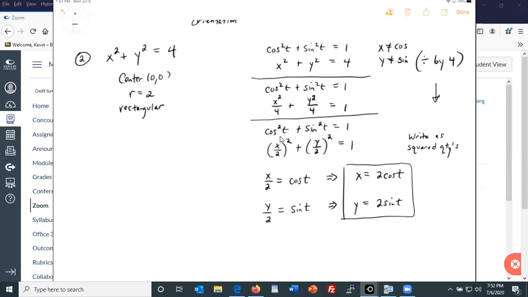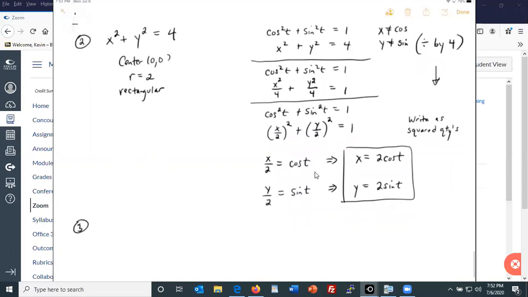So if the cosine squared is x over 2 squared, then cosine is x over 2. And if sine squared is y over 2 squared, then sine is just simply y over 2. All right? And then, final step, solve for x and y. All right, example 3. Let's take a circle with a different center other than 0, 0.